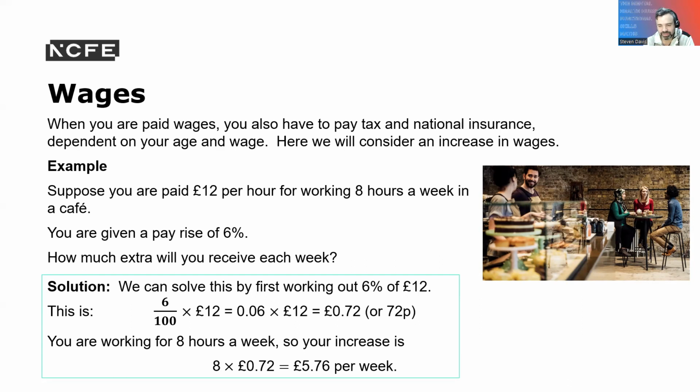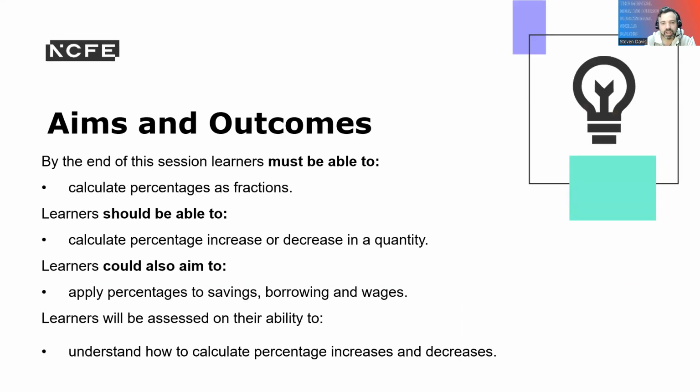That's an additional 72p. You're working 8 hours a week, so your increase is 8 times 72p, which is an additional £5.76. And then obviously you would just add that onto your weekly rate. So that's how you work that out.